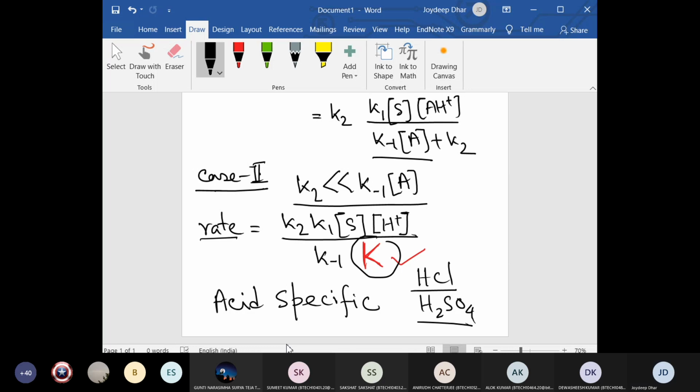That means higher is the K, the rate will be slower. I can say the opposite: wherever K will be smaller, the rate will be much faster. So if anyone has a question, otherwise I can move to the second mechanism.